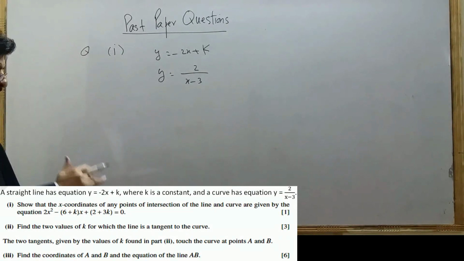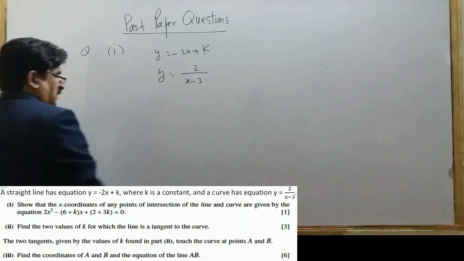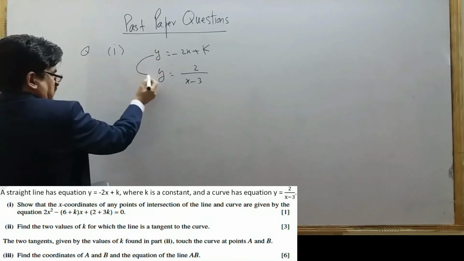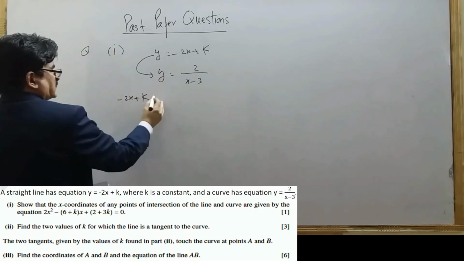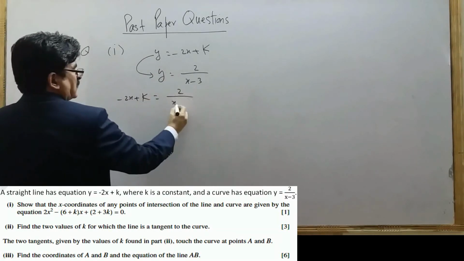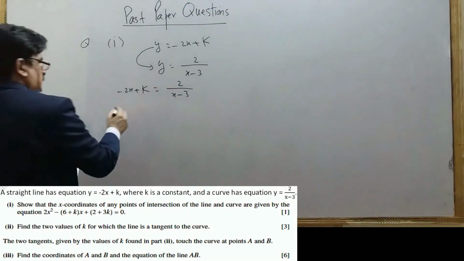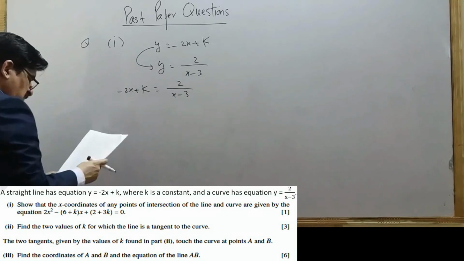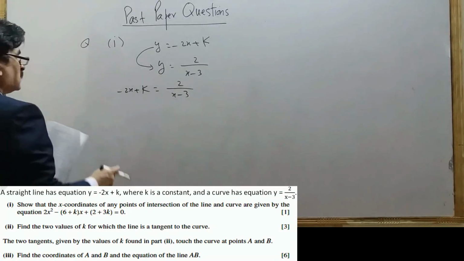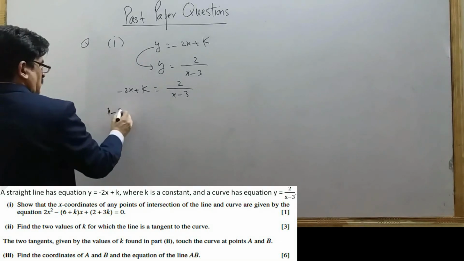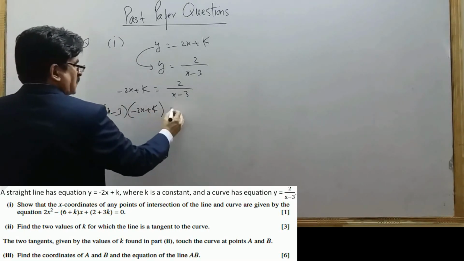We have learned up to this stage how to solve a pair of linear and non-linear equations. Substituting this value into this equation, you will have minus 2x plus k is equal to 2 over x minus 3. Now simplifying this, you have the expression equal to 2.